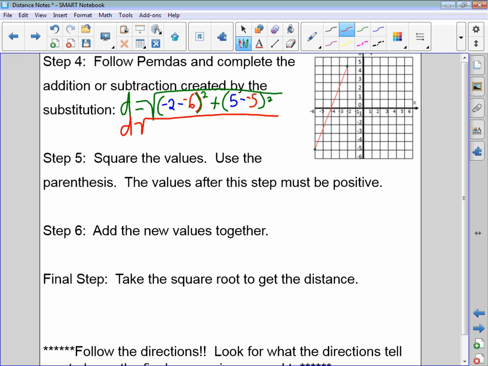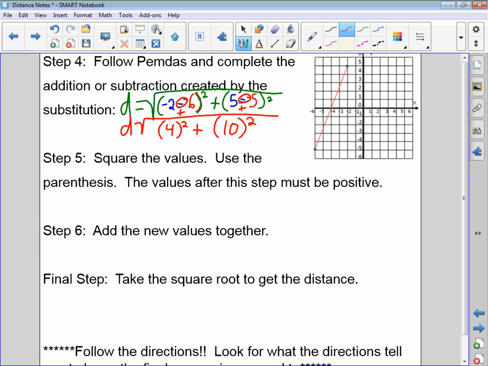When I do -2 minus a -6, it actually becomes a positive. So -2 plus 6 gives me +4 squared, plus 5 minus -5 is actually going to change to a plus as well. When I get 5 plus 5, I'm going to get 10 squared.